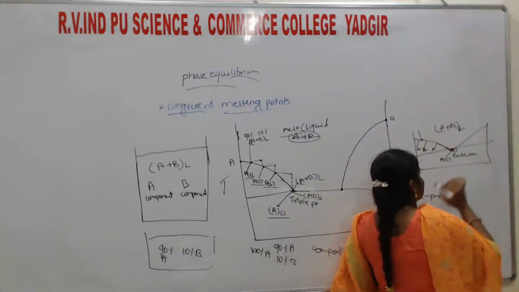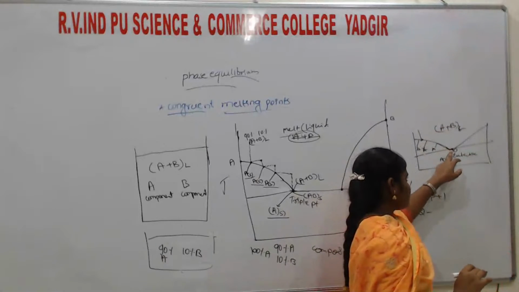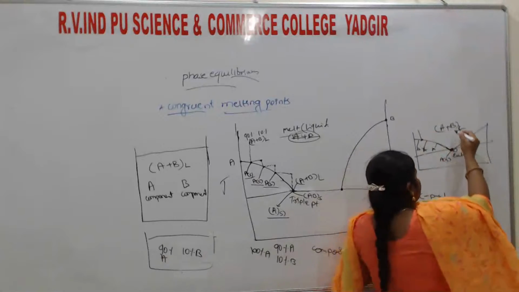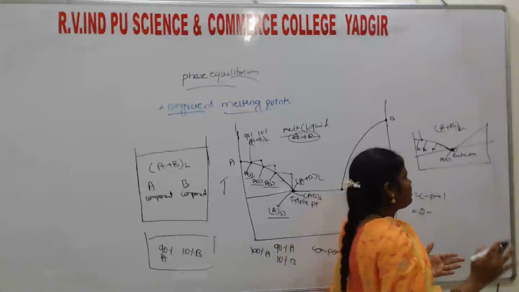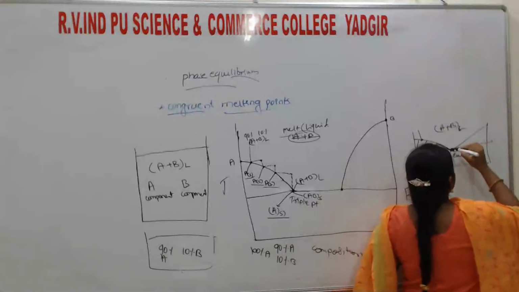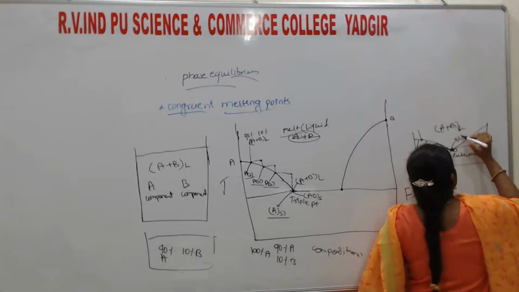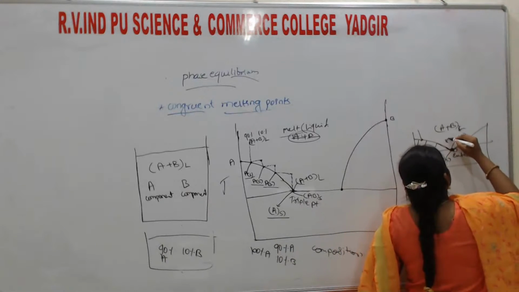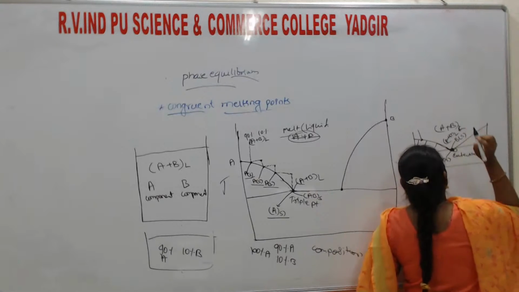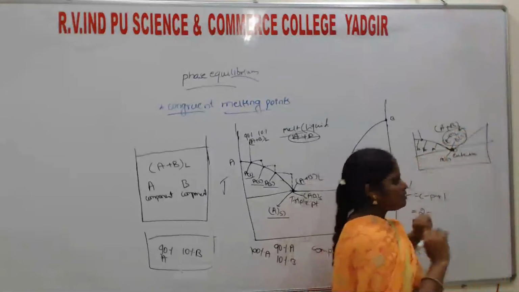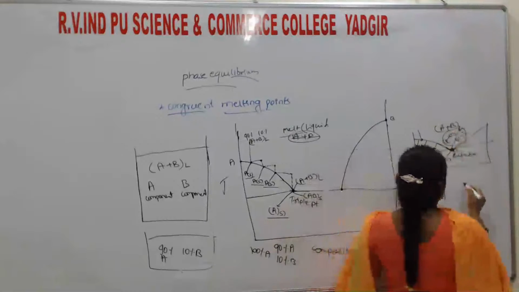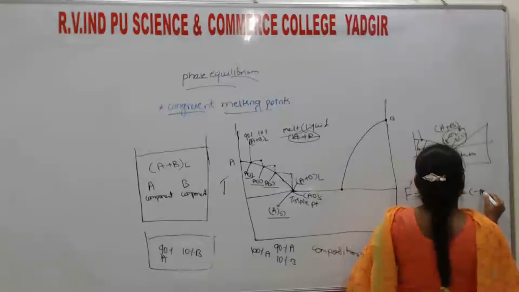You are given this as O, and here A solid forms. When equilibrium is attained, B also starts separating. B is solid and another is A plus B liquid. This is a two component system. If that is the system, then F = C minus P plus 1.